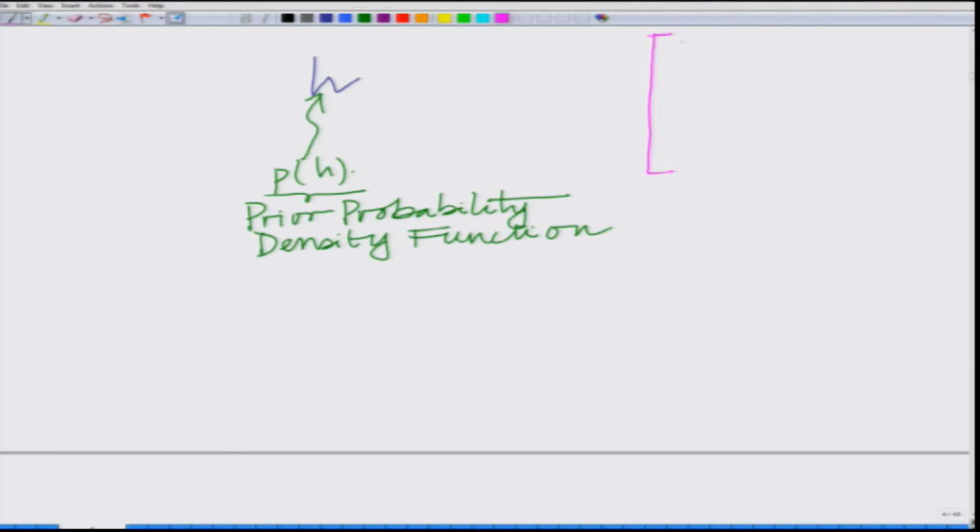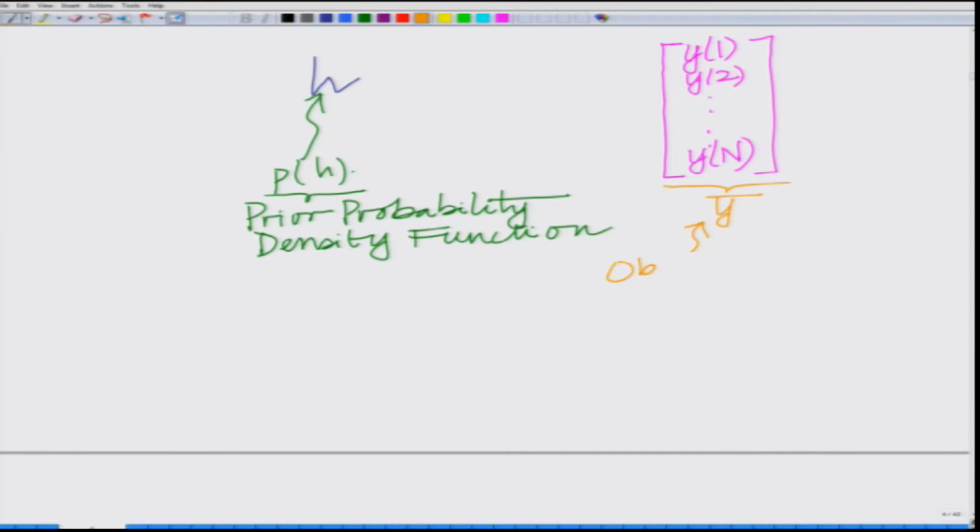Also, we have a set of measurements or observations, which we also call the observation vector. We have a set of n observations. We can represent them using the vector y1, y2 up to yn. This is y bar, our observation vector, all right.